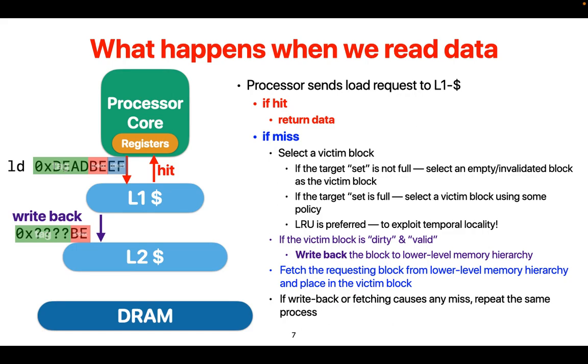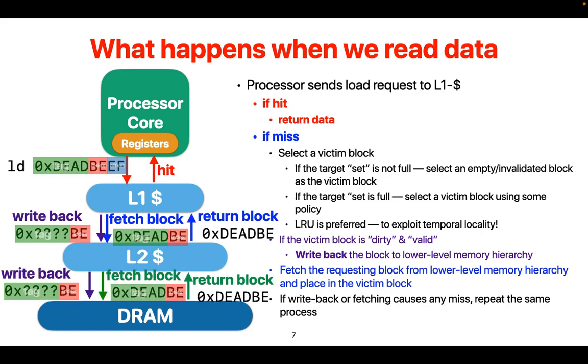If it's a miss, and the block that you are replacing is a dirty block, you have to write it back and fetch the incoming block after you finish the write back process, and repeat until you find a block and finish all the write back operations.